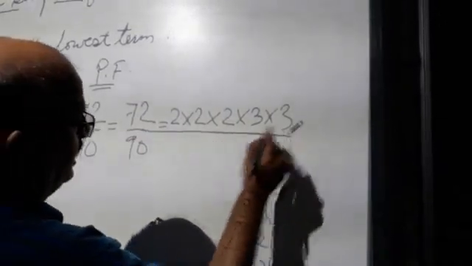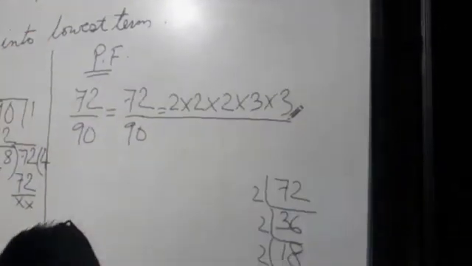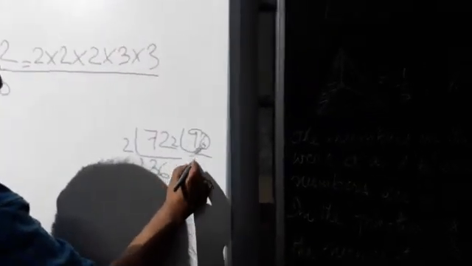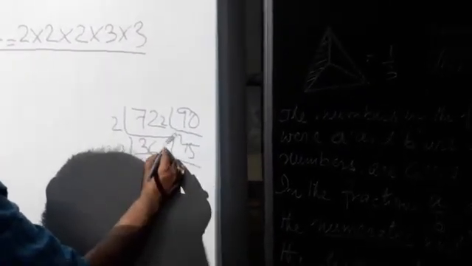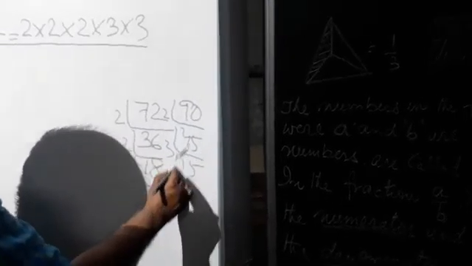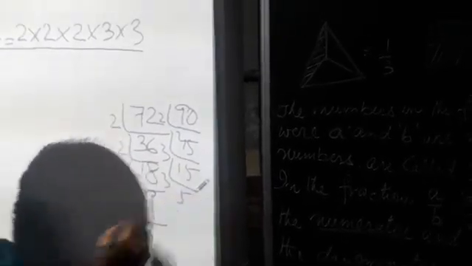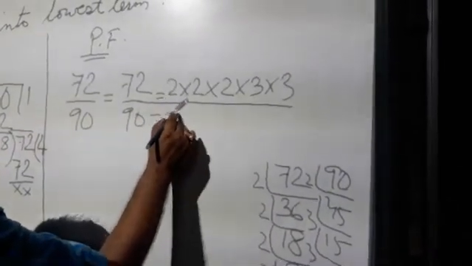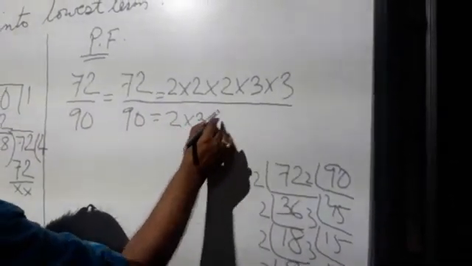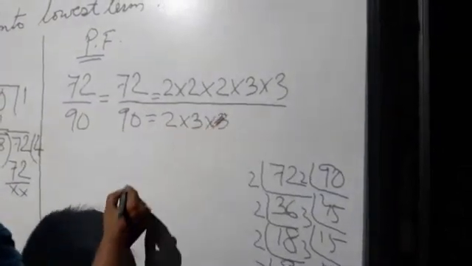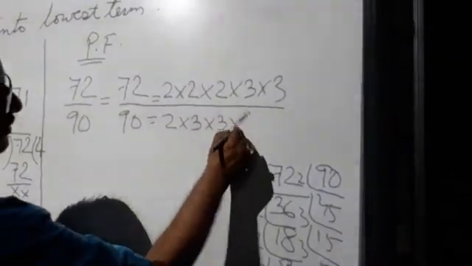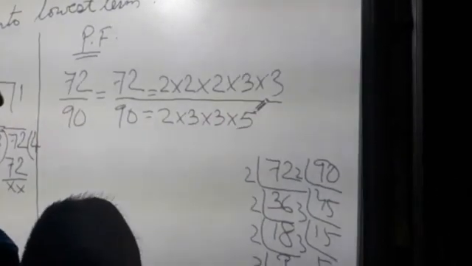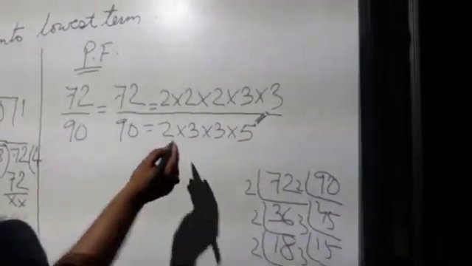Now 90: 2, 45; 3, 15; and 3, 5. So it is equal to 2 into 3 into 3 into 5. So we get the prime factors.